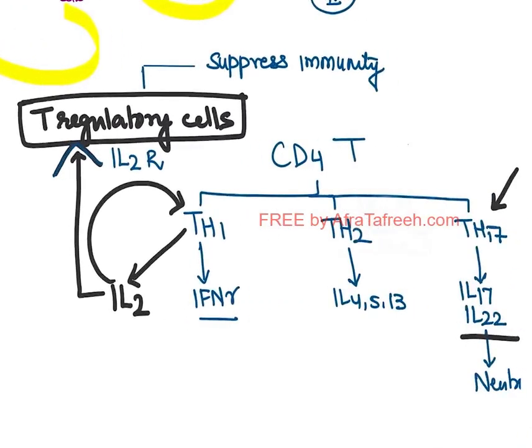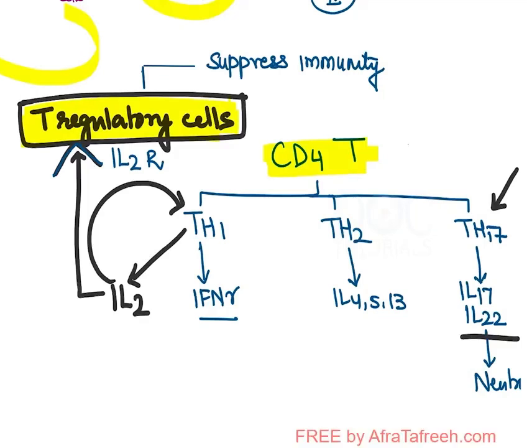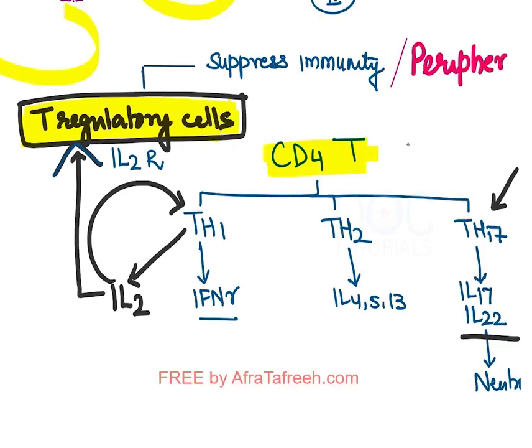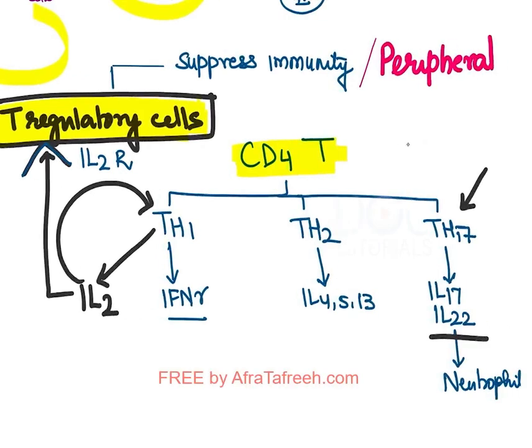This is done by a very important subset of CD4 cells called regulatory T cells. Remember, these T cells were very important to identify because this is a very powerful mechanism of peripheral immune tolerance.